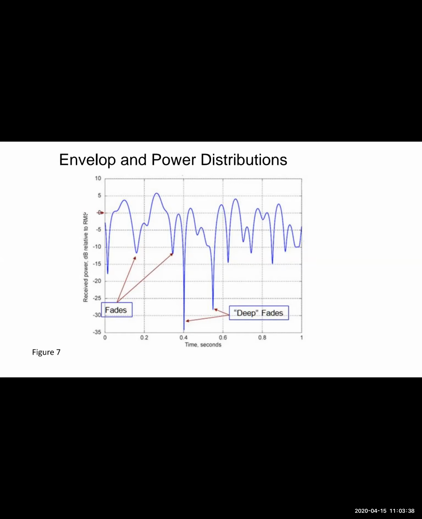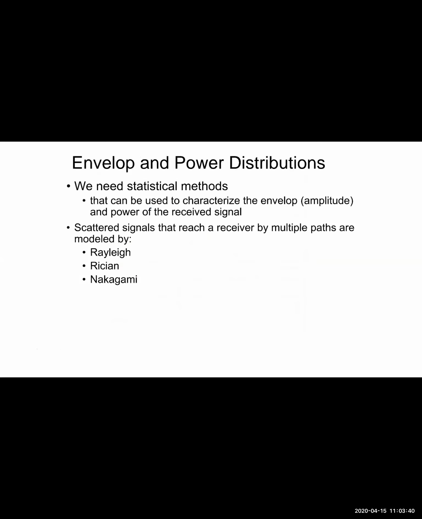Mostly we have 3 methods of modeling fading channels, especially the multi-path ones. We have the Rayleigh channel, the Ricean, and the Nakagami models.